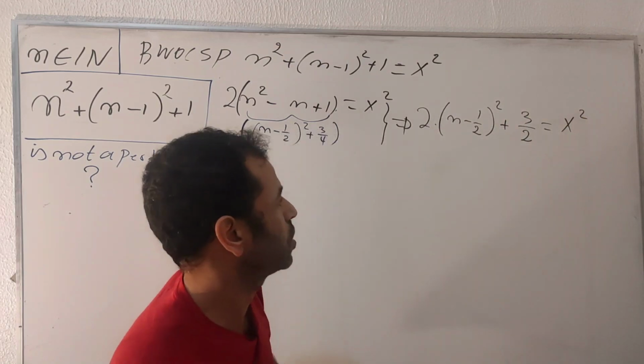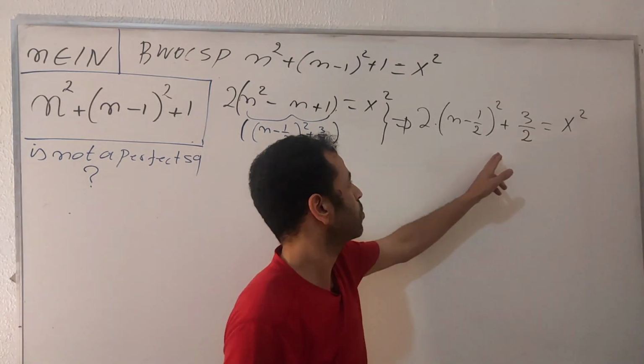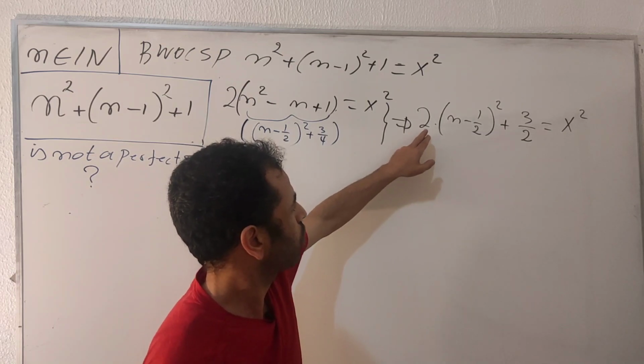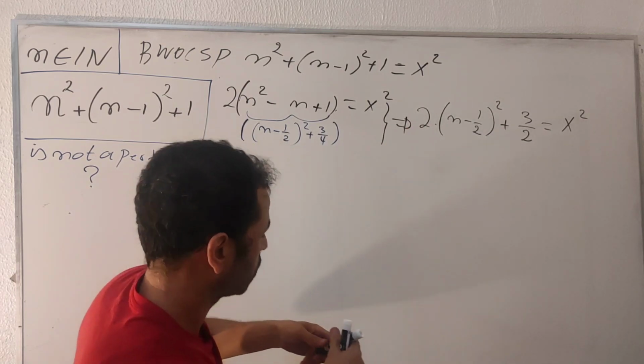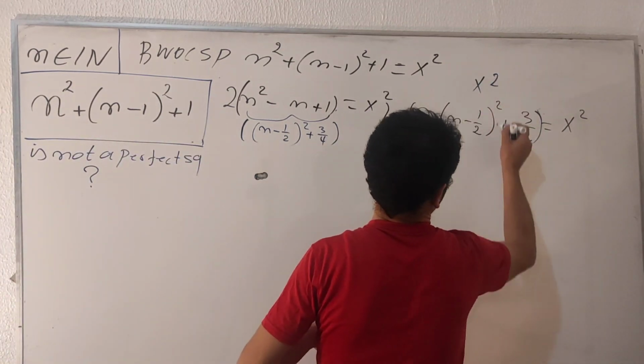But I see 2 here in the denominator. I'm going to clear this denominator by multiplying both sides by 2. If I do that, I will have a 4 here.